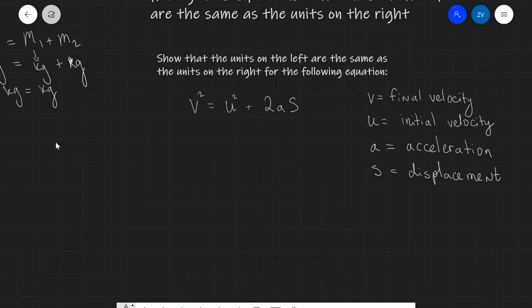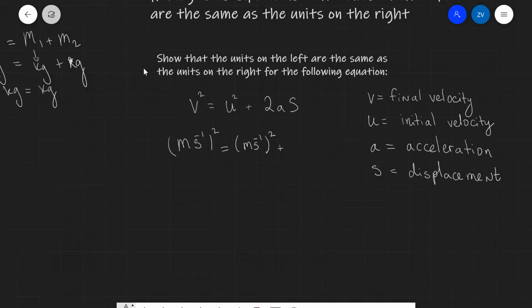So over here on the left, we're going to have units of meters per second squared, and this will be equal to the initial velocity squared, which will also have units of meters per second squared. Notice how rather than meters per second or meters divided by second, I'm always writing ms to the power of -1. Anyways, plus twice the units of acceleration.